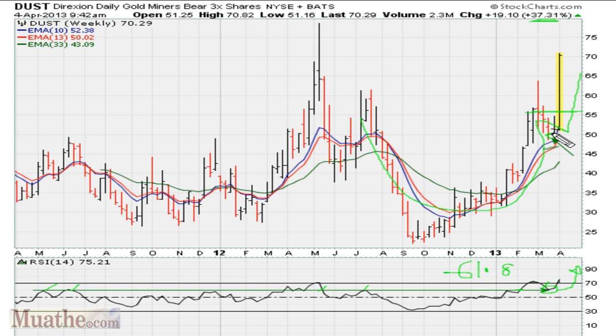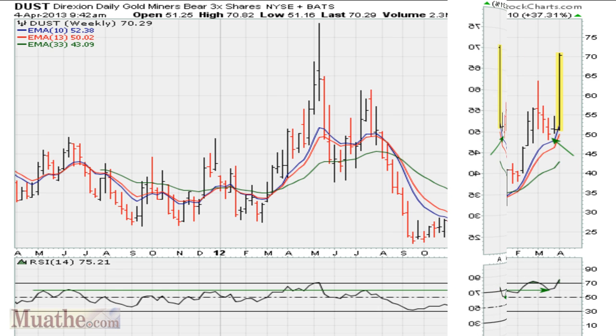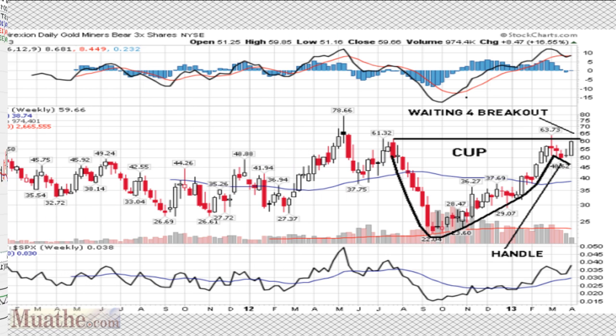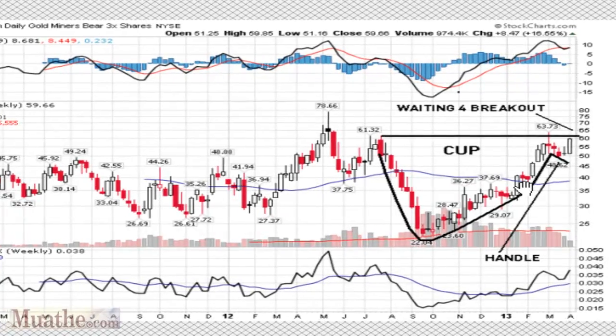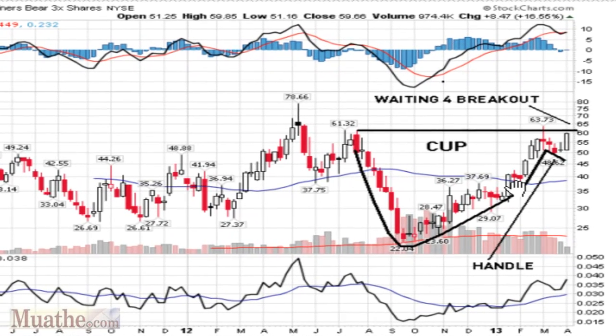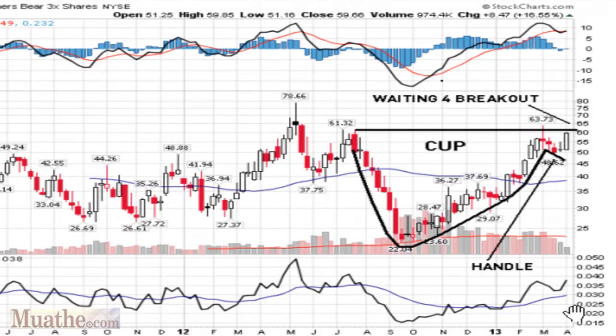Again, like I said, our entry point being somewhere here under 50. Now, I want to show you one more chart here. This is not to bash somebody's chart, but this is somebody's chart that I had seen while making my rounds. And I noticed that they had a cup and handle.